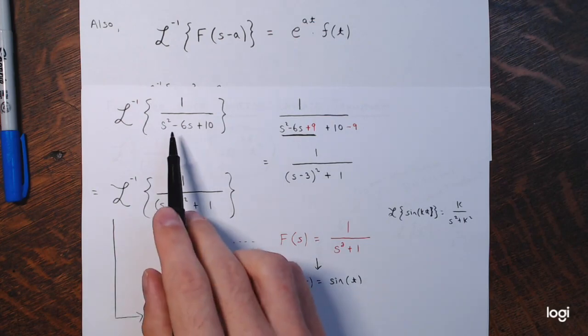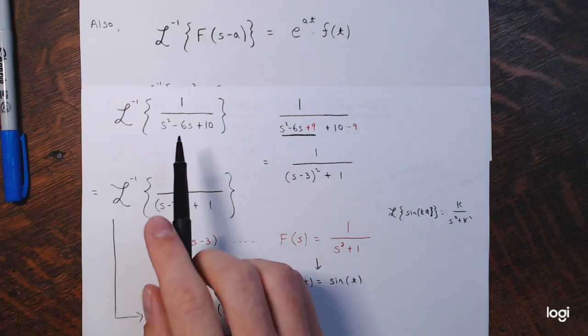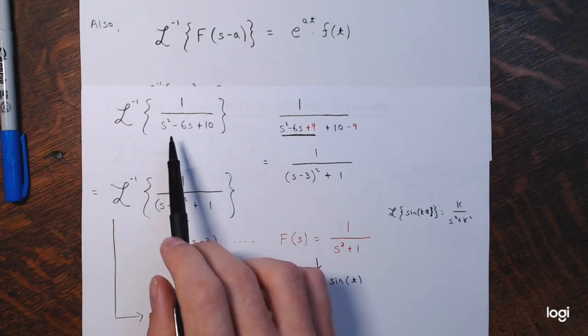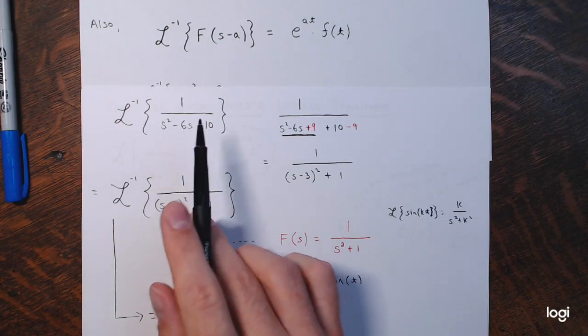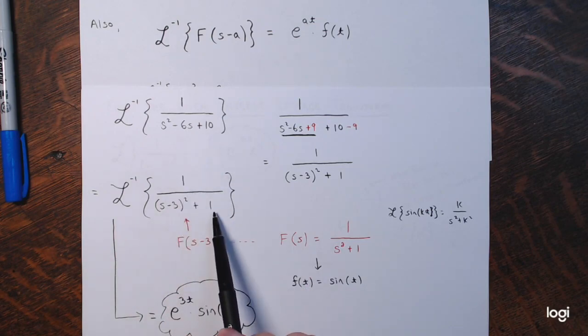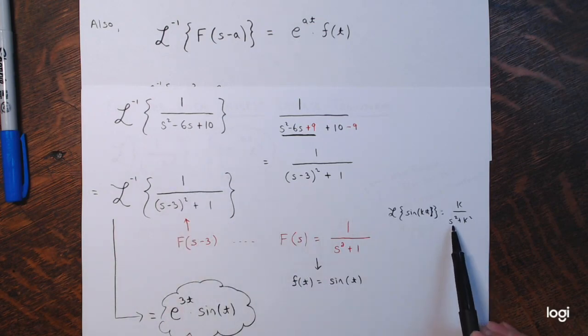So again, very often you might have to do this with these irreducible quadratics. You might have to do some completing the square to get the denominator to be in a form like the sum of two squares, s squared plus k squared, as you'll see in cosines and sines Laplace transforms.